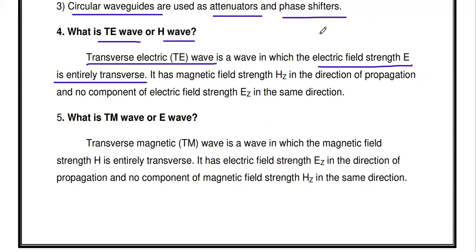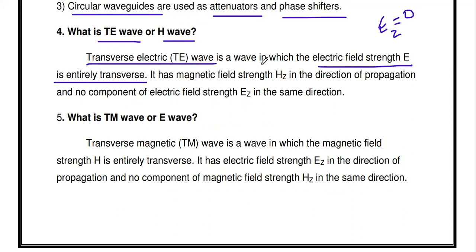We studied the TE mode and TM mode in the rectangular waveguide, circular waveguide and parallel plane. The TE wave means the electric field strength along the propagation direction Z is 0. That type of wave is called a transverse electric wave.